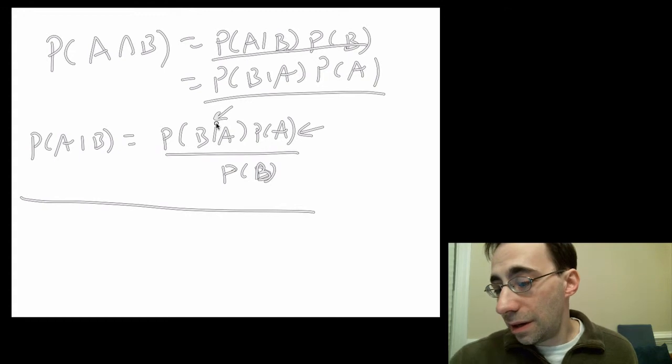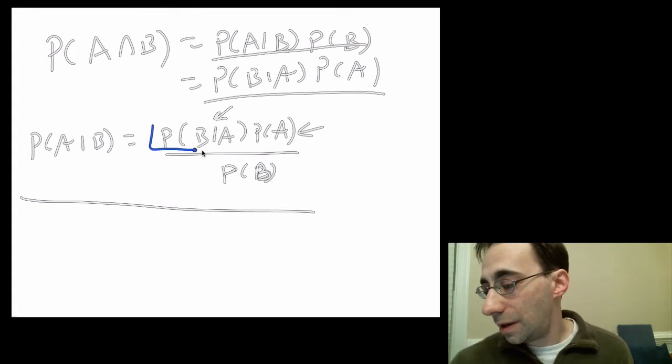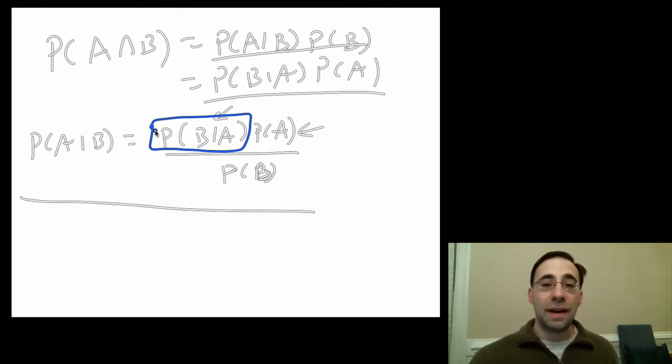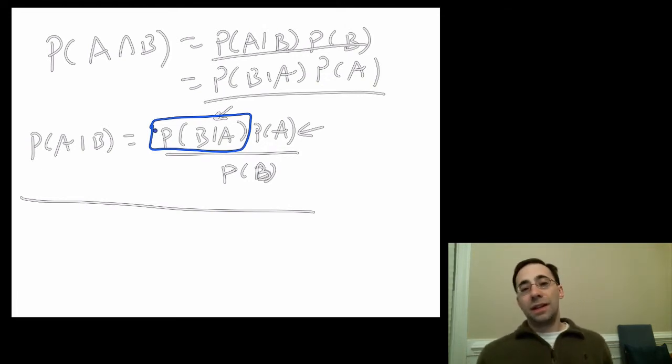The probability that B occurs conditional on A is typically some specific information that you gain in some interaction through some data.